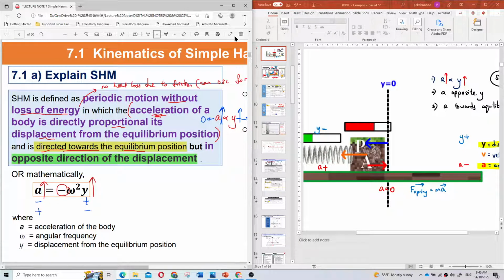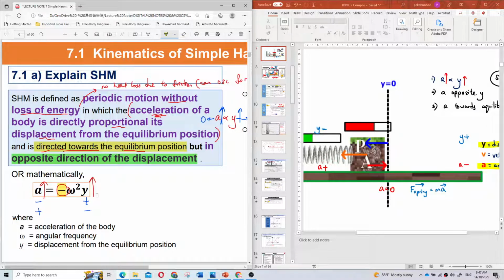So this negative sign, what does it mean? Opposite direction. Acceleration is in the opposite direction to the displacement. When positive, negative; when negative, positive. That is what it means. They become opposite in direction, but they are proportional.